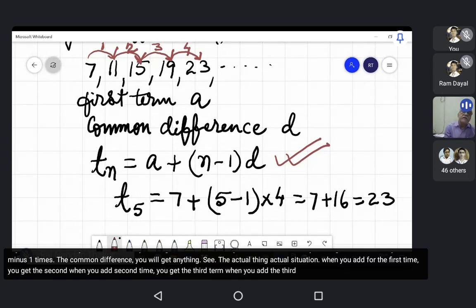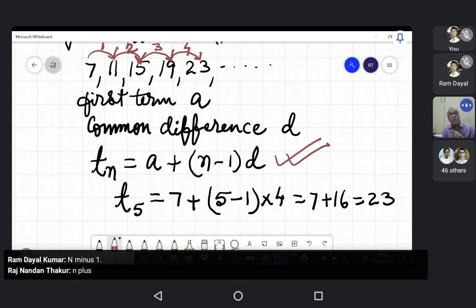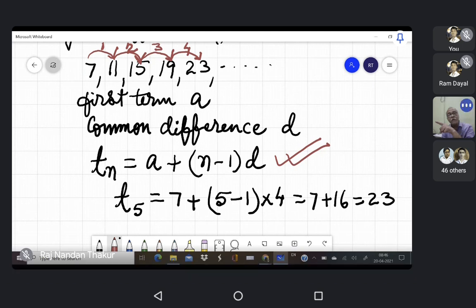Third time, the fourth term. Fourth time, the fifth term. When you add n times, you will be getting the n plus 1th term. Yes, sir. That is why the formula is for the nth term. So we have to add n minus 1 times D to the first term and we will get it. This is the simple understanding of this formula.